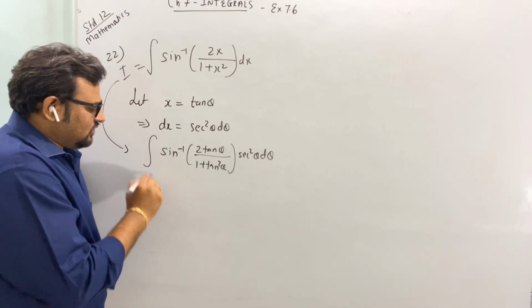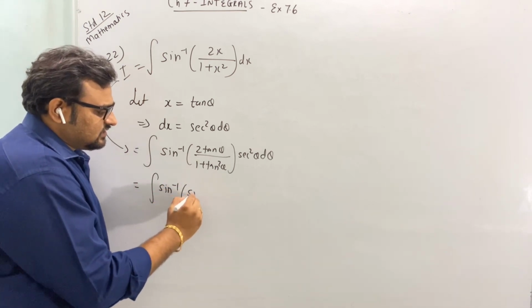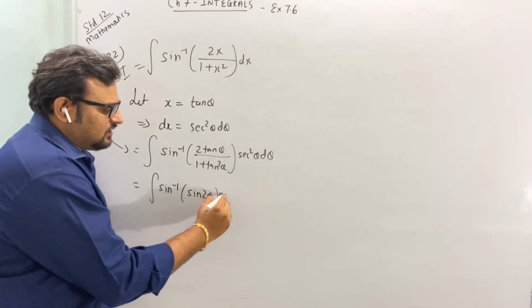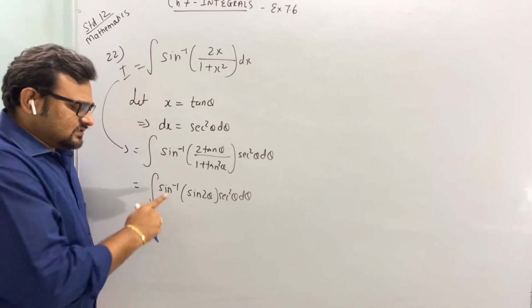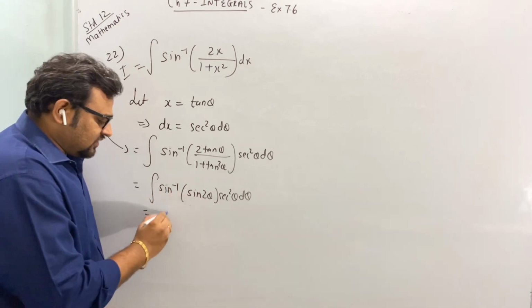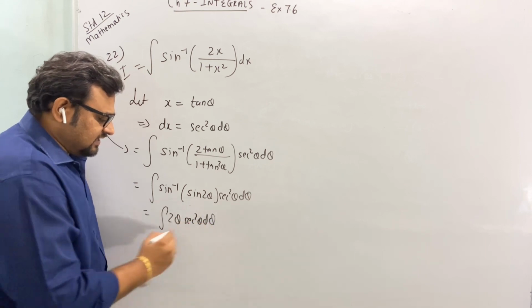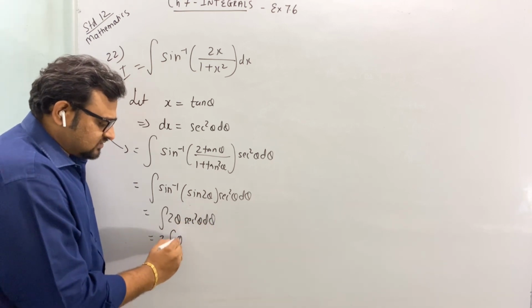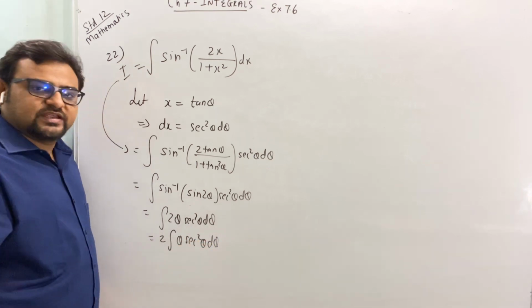So this will be equal to sine inverse sine 2 theta sec square theta d theta, which is 2 theta sec square theta d theta.